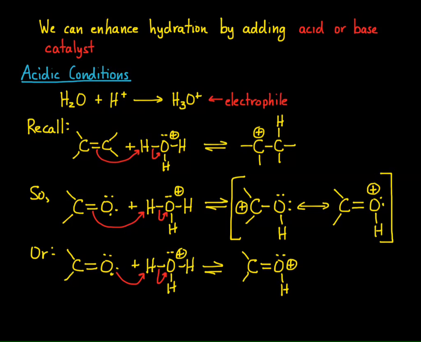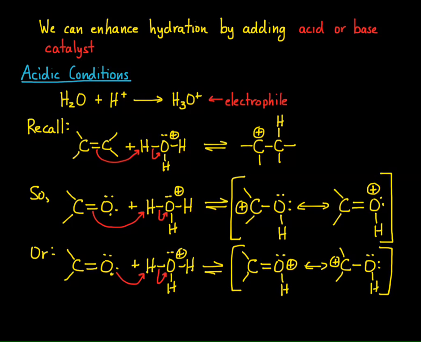I get this structure, which is identical to one of the resonance structures on the top right. And of course I can draw a resonance structure of this, and I see that the result is identical to what I just drew up above. So typically what we show is a pair of electrons from the oxygen.